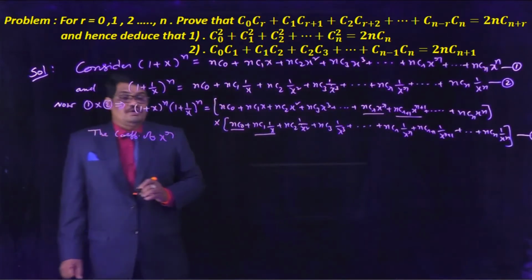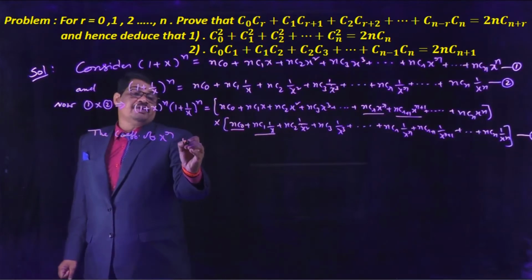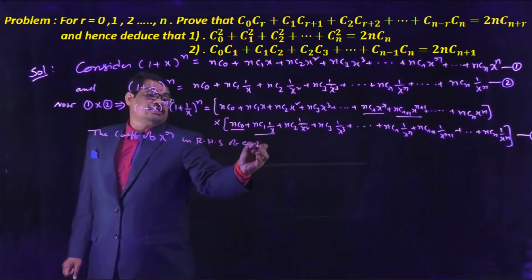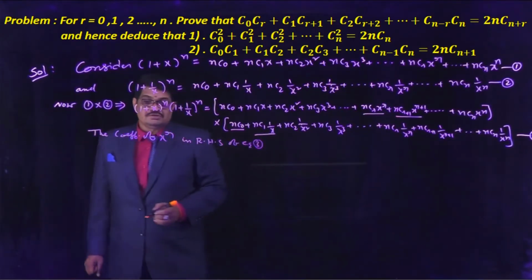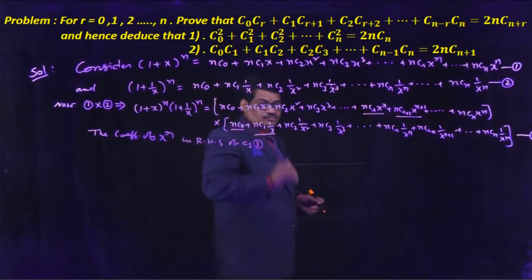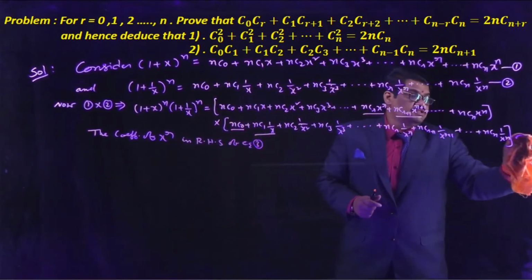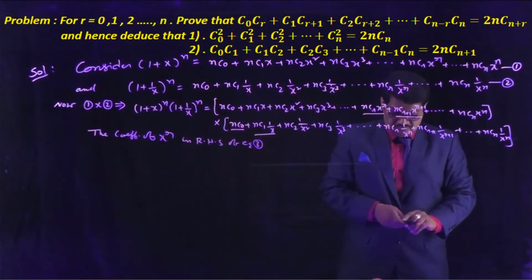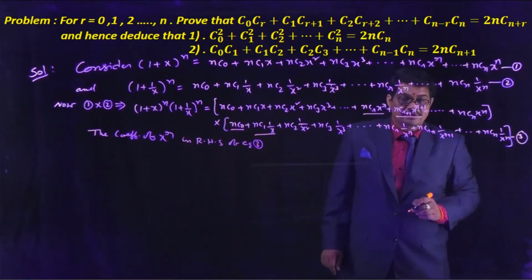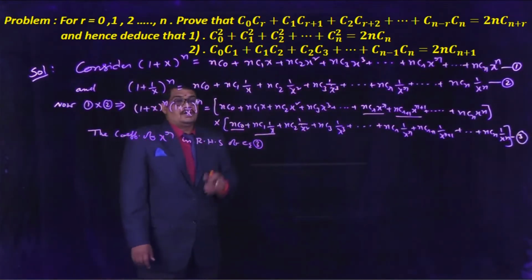Now the coefficient of x to the power of r in RHS of equation 3. Okay, now we are collecting the coefficient of x to the power of r in RHS of equation 3.